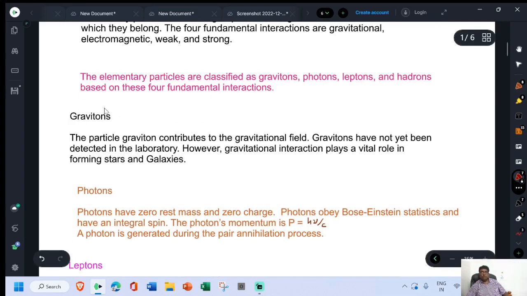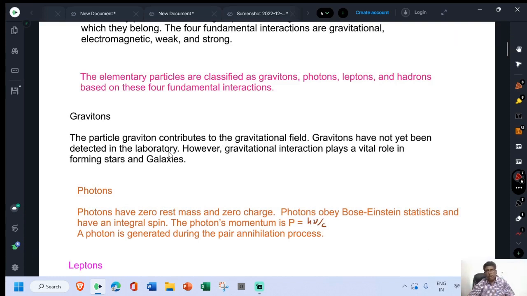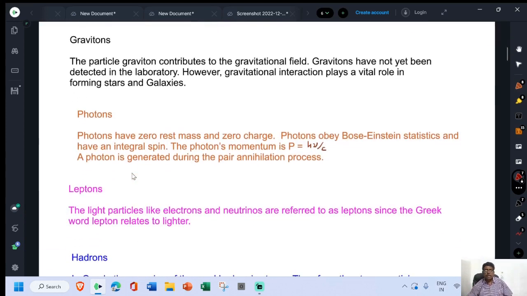Now we may go to gravitons. The particle graviton contributes to the gravitational field. Gravitons have not been detected in the laboratory. However, gravitational interaction plays a vital role in forming stars and galaxies.